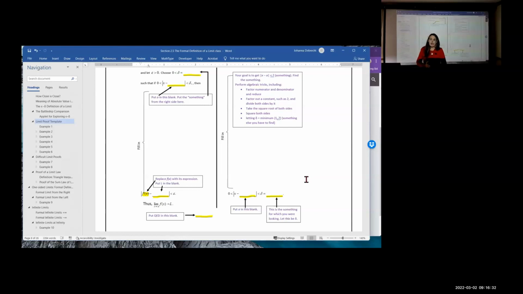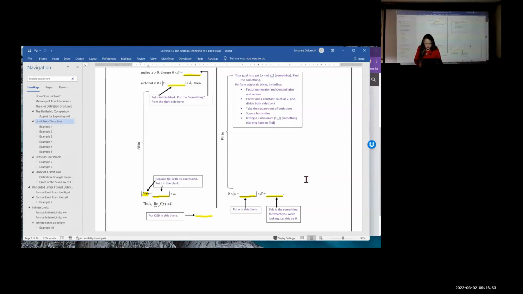Now, most of the time, epsilon is not set to be a particular number like 0.5 or 1. Most of the time, epsilon is left an arbitrary variable, but it is constant for each problem. So what we're going to do is find an expression for delta in terms of epsilon.